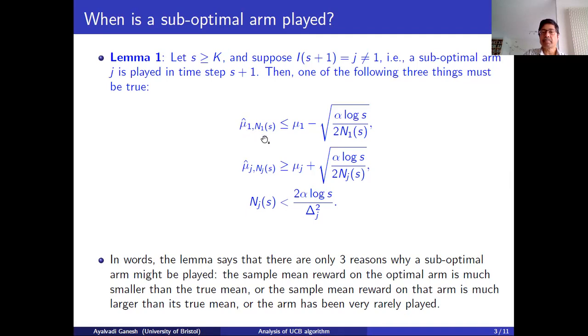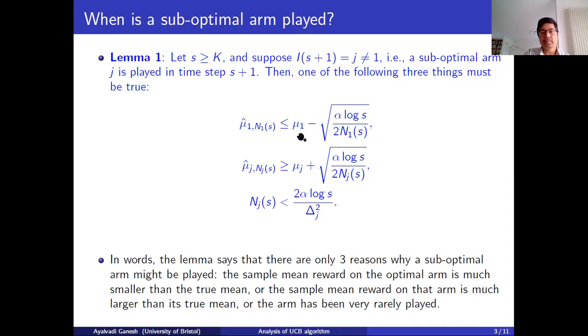So we might end up thinking that arm 1 is a lot worse than it actually is. The true mean reward is mu_1, and if the sample mean deviates from the true mean by at least this much, so it's a lot smaller than it should be, then we might think arm 1 is not very good.